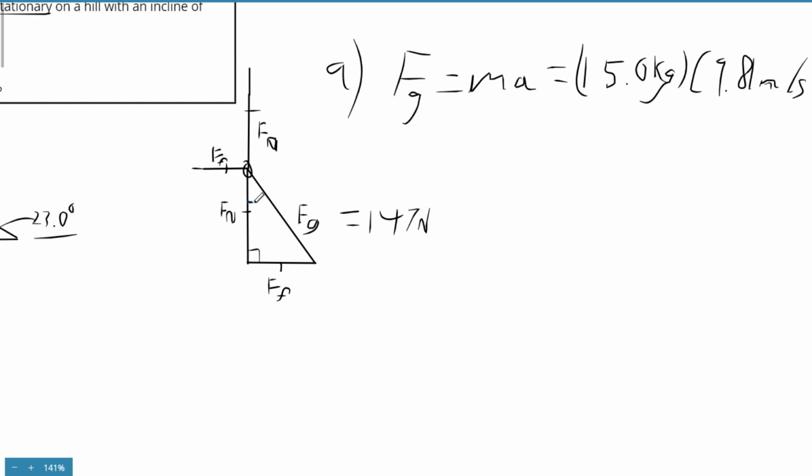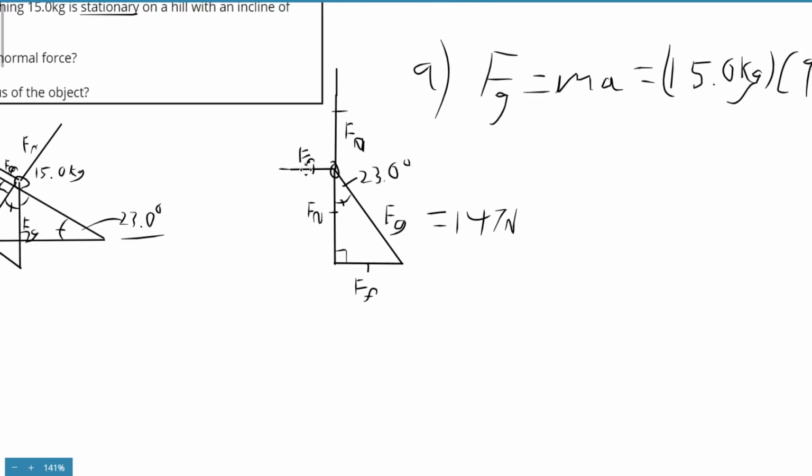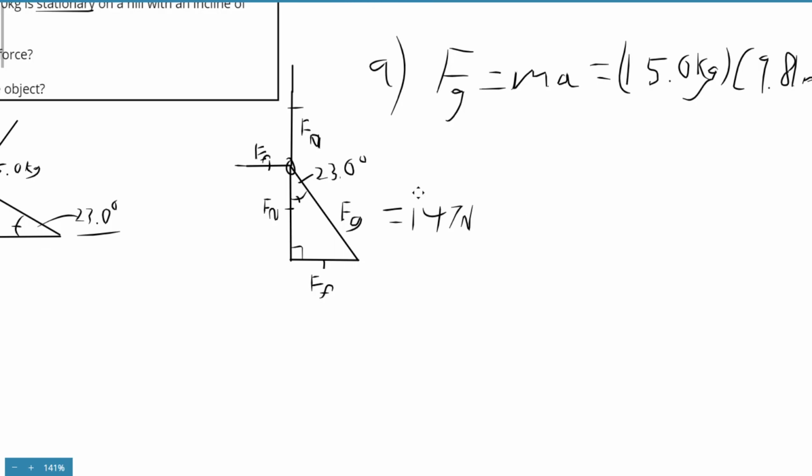Then this angle is 23.0 degrees, as I showed here. It's the same as this angle. So after this, we can use a trigonometric function. We have the hypotenuse, we have one angle, and we're looking for the adjacent of that angle.